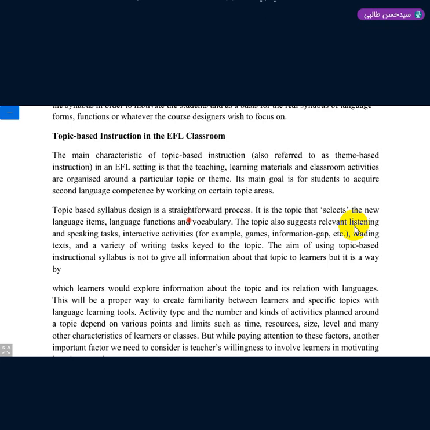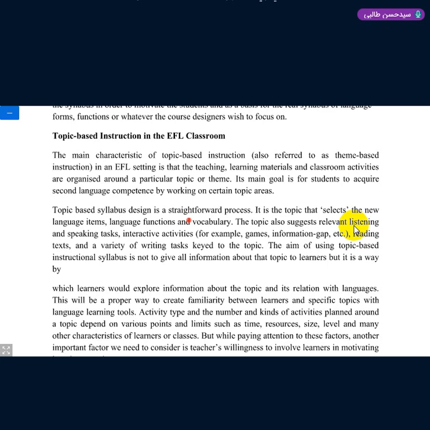Despite the previous ones, which were focused on function, notion, structure, situation, here the focus is on topic. One topic is introduced, and everything circles around the topic.